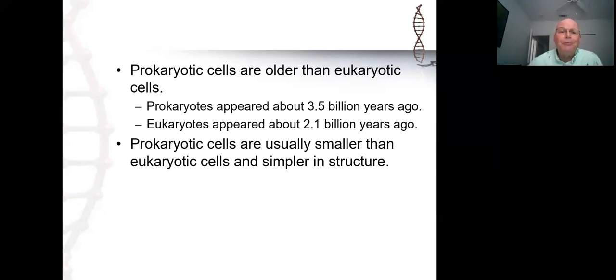And while we recognize eukaryotic organisms as being, quote unquote, more dominant today than prokaryotes, the reality is there are far more prokaryotic cells on the planet in terms of numbers, in terms of biomass, the sheer mass of prokaryotic cells, than there are eukaryotes.